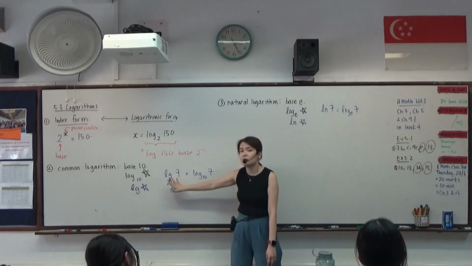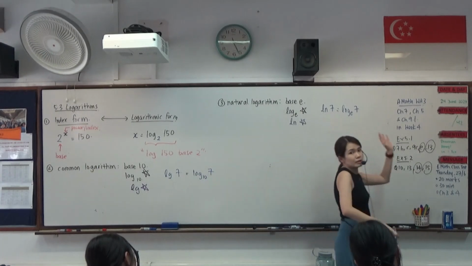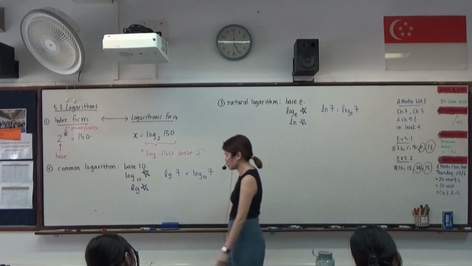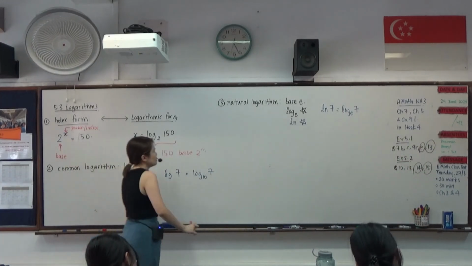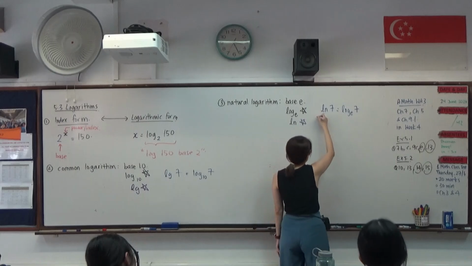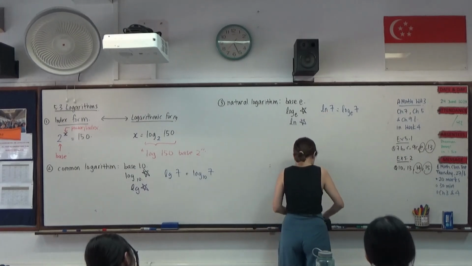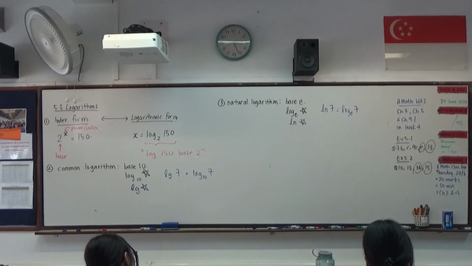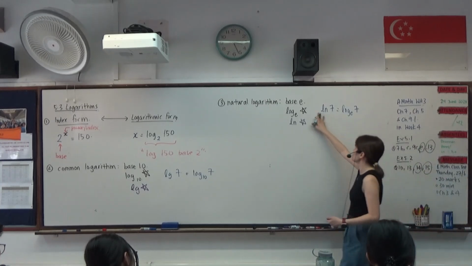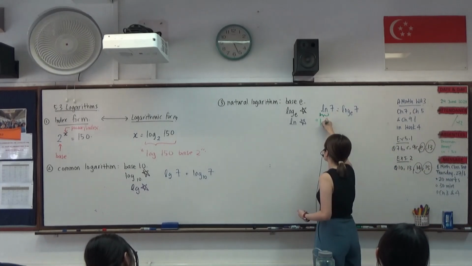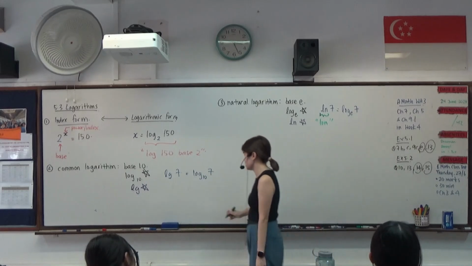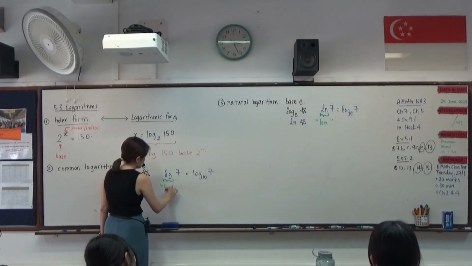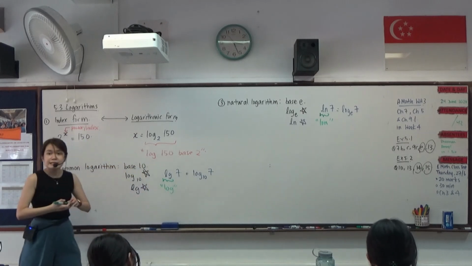We will use the short forms LG and ln. This I read as ln. I don't know how to spell the word, it's just a word that we read. You can interpret it as lon, and then this will just be referred to as log. Okay, so that's how we read it.